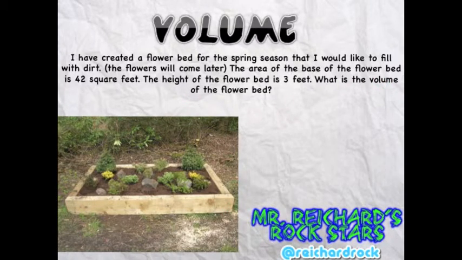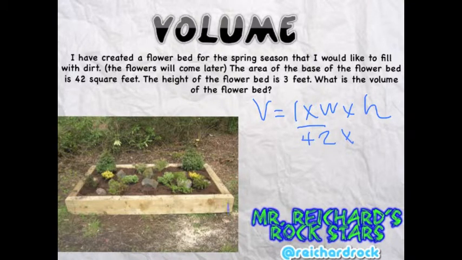Well, this is another example of where they have already calculated the base area, which is very important. So, you know, the formula for volume is length times width times height, but this is another case where I do not see 3 different dimensions, I only see 2 right now. They've already calculated for you the length and the width of the base, and that was 42 square feet, times a height, that's up and down, of 3 feet.